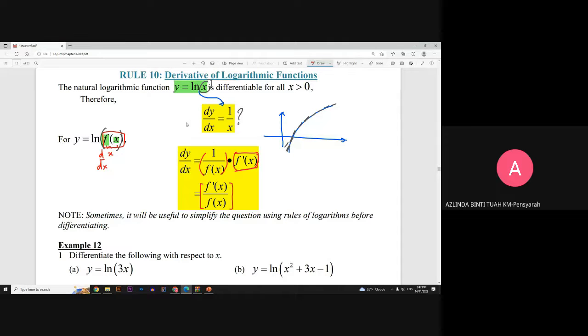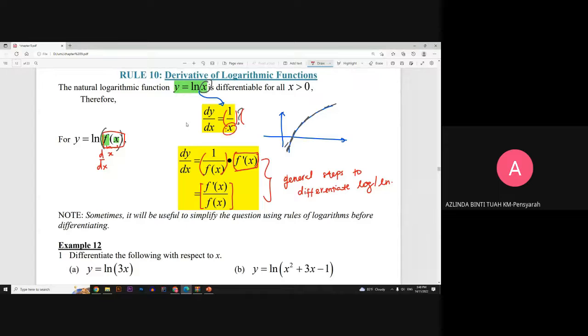And actually, yang bahagian atas ni pun telah melalui 2 step yang di bawah ni. This is the general steps to differentiate log ataupun ln. Kalau tengok dekat sini kan, kita akan buat 1/x, step pertama. Dan step kedua, differentiate x.